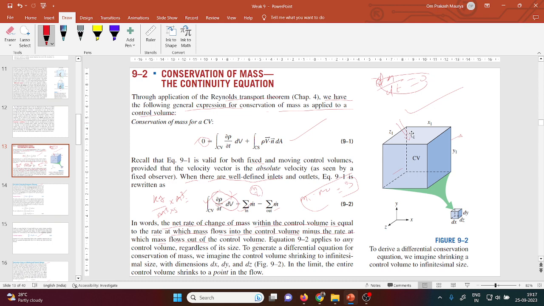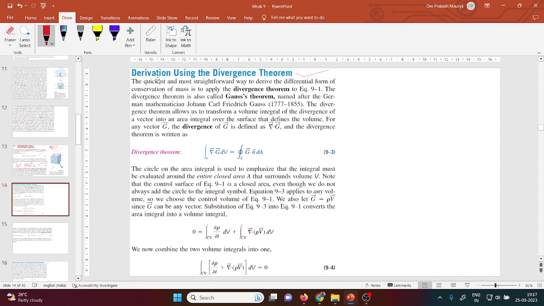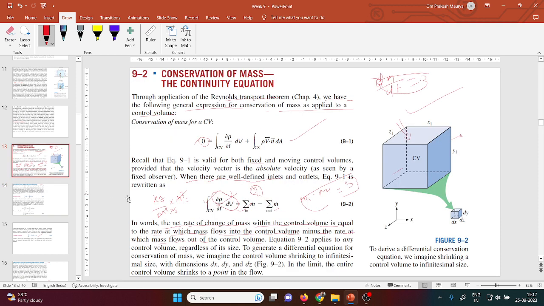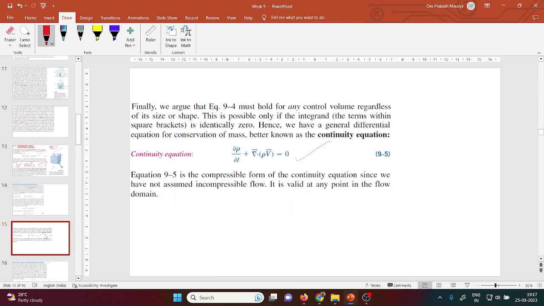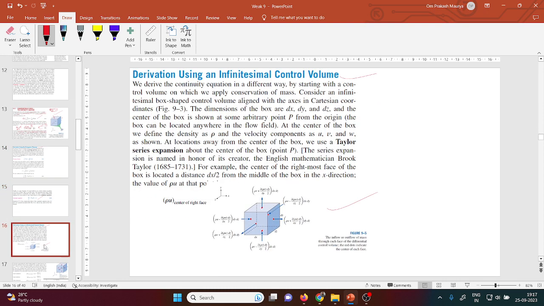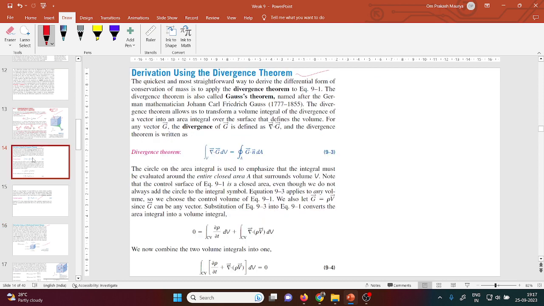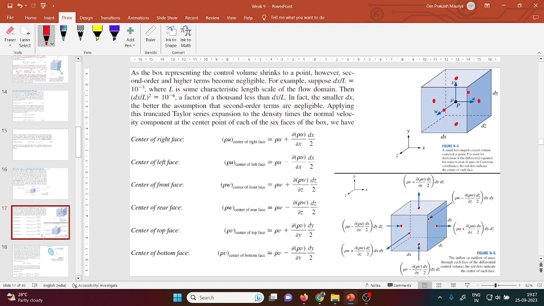Now if we apply this concept, I think Francis, your doubt will clear from here also. If you calculate the expression for m in and the expression for m out, I think it is explained very well here.